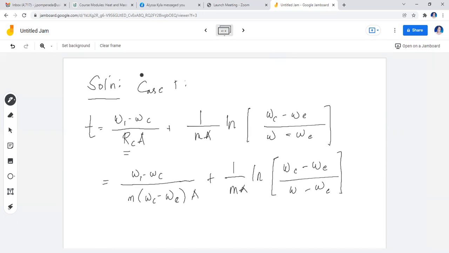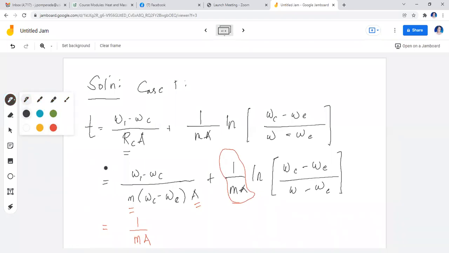Now you could see in the formula here that we have this common expression. So you have 1 over MA here and you have a 1 over MA here. So we can factor that 1 over MA. So I'll change my font so you see. And the rest that are not common, we'll copy again.